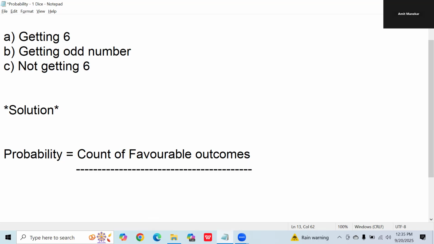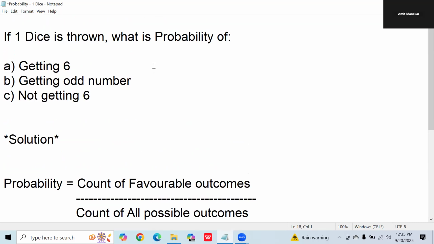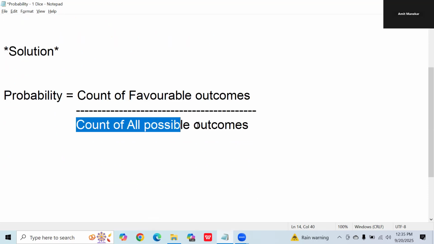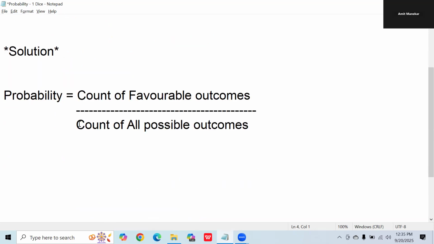So getting the count of all those favorable outcomes upon the count of all possible outcomes. So let's first see the count of all possible outcomes, because that part will be common for all three questions.